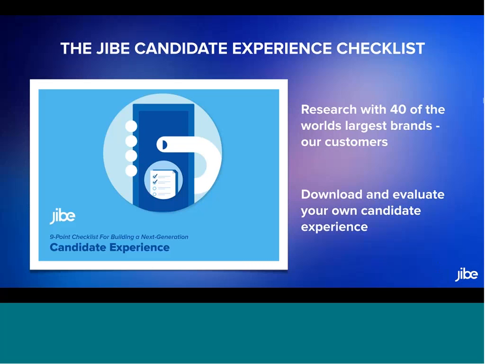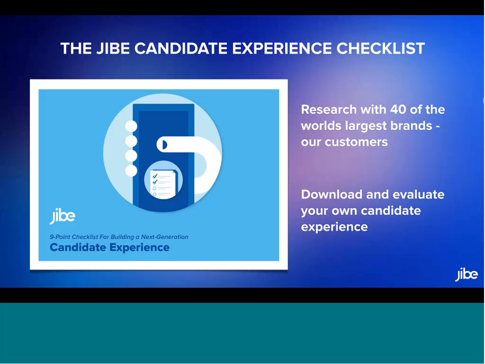And so in our work with those companies and in the best practices that we have built up over the last few years, we have documented some of this. This documentation is called the Candidate Experience Checklist. It's got 9 different pieces to it, and I'm going to take everybody through it now.